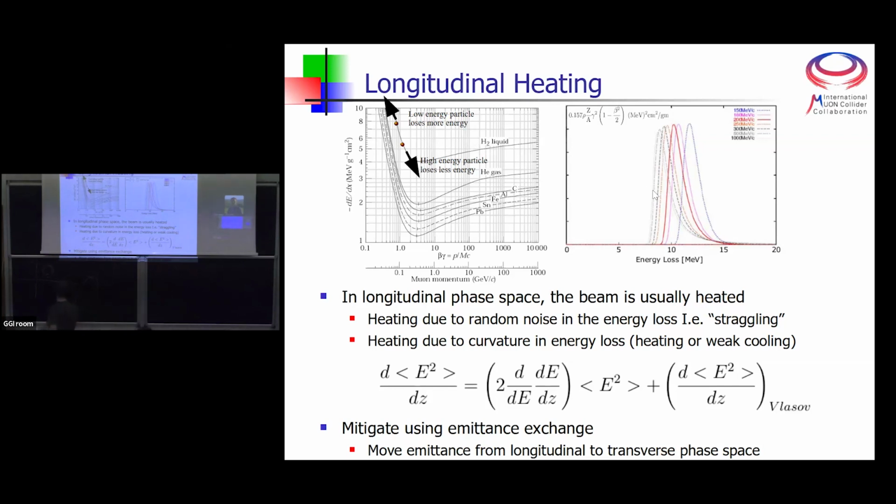I'm only going to consider energy straggling just to simplify things, but I'm going to do the same plot and do the same thing. So here's my time, energy. Now if I lose energy, let's say if all the particles lost the same amount of energy, we get down to here.